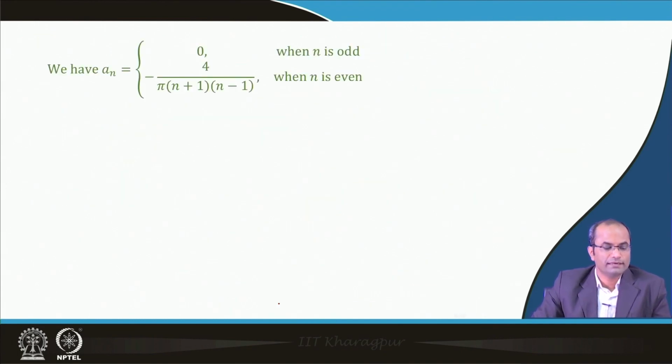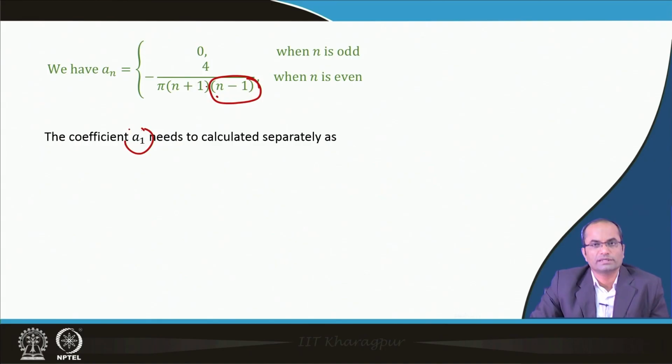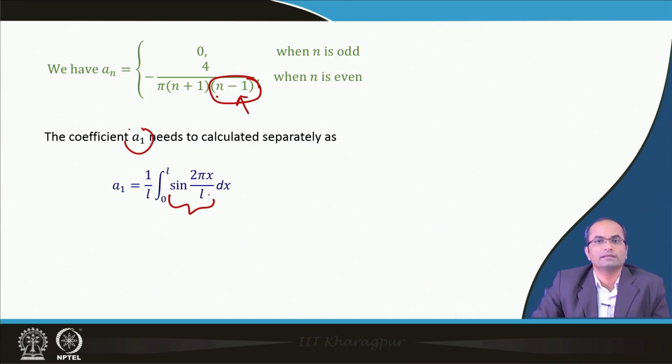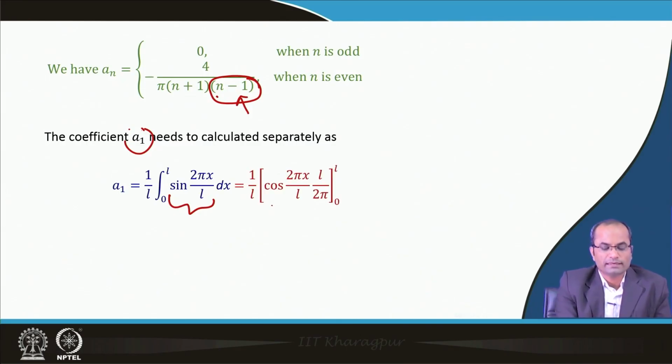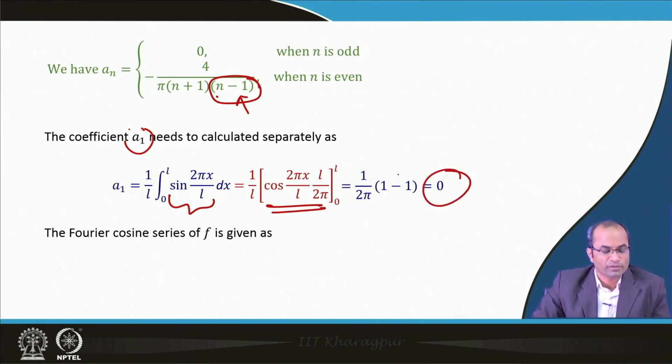So, we have this a n, and then we also have to compute a 1, because n equal to 1 was excluded in the computation, otherwise we cannot have n minus 1 in the denominator. So, this a 1 we can calculate separately. That is the result for a 1 when we put n equal to 1 there, and that can again be integrated, and what we realize is that a 1 is 0 in this case.